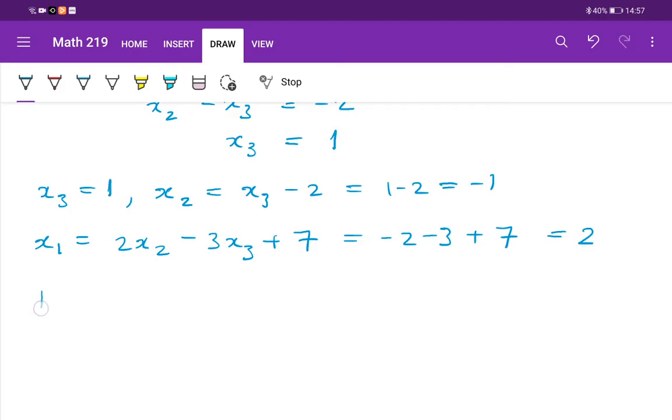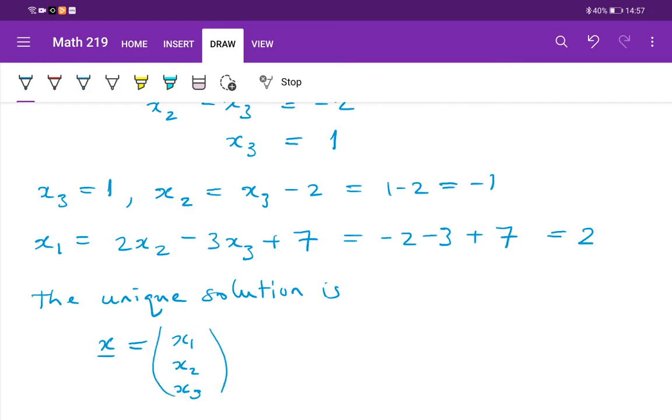So the unique solution is x, so x1, x2, x3, which here is 2, -1 and 1.